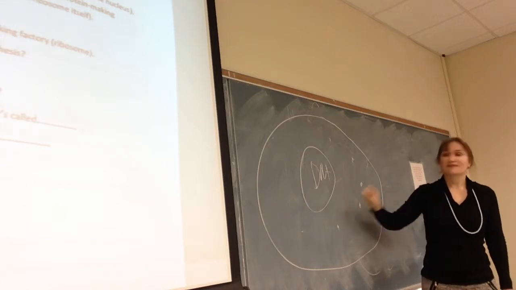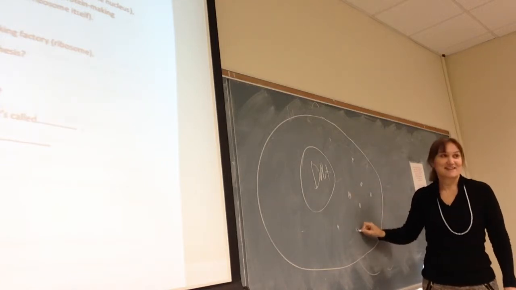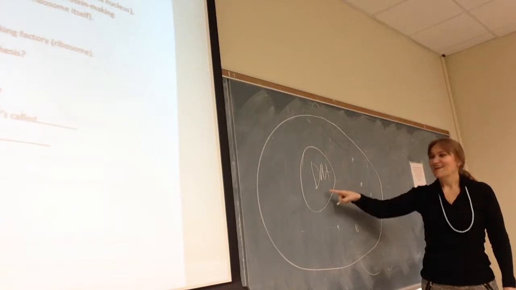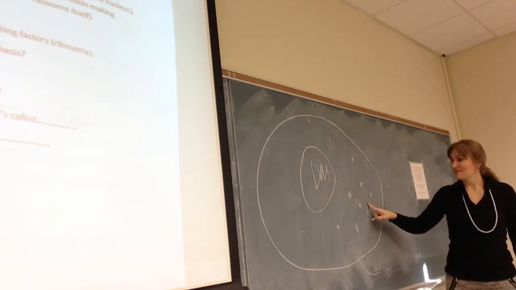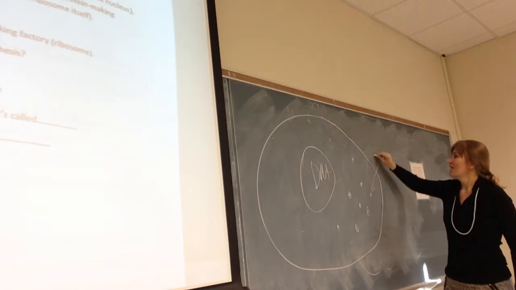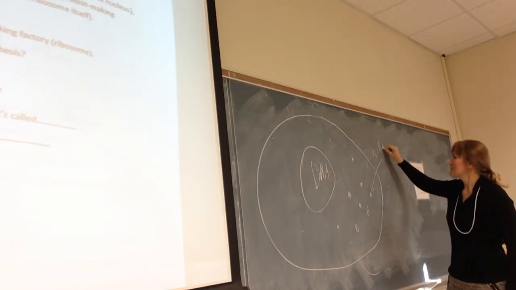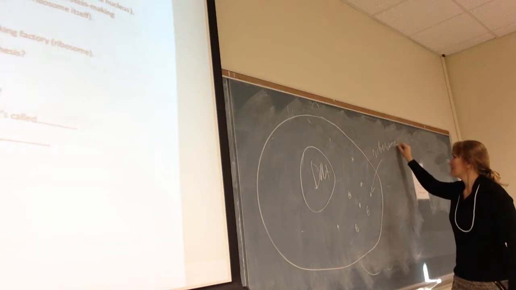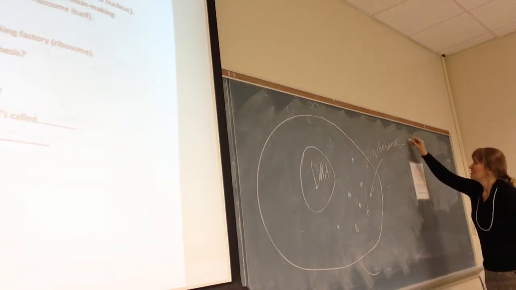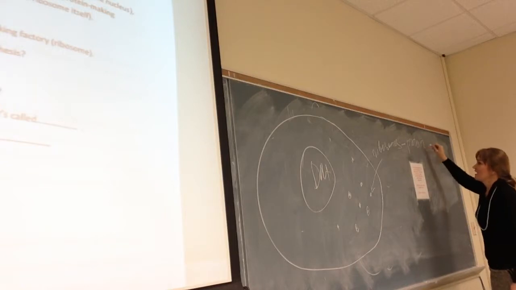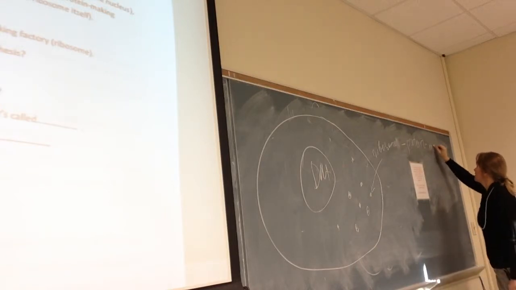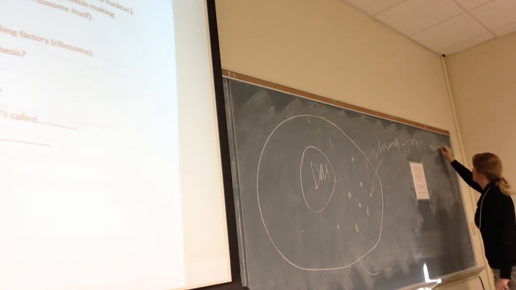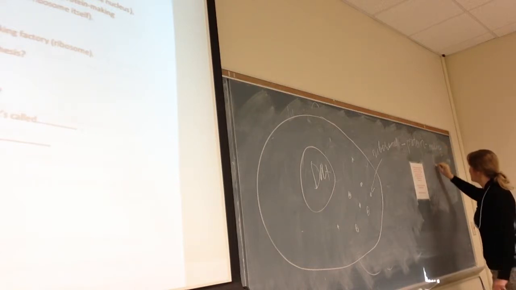So, somewhere else in the galaxy, far, far away, outside of the nucleus, there are little factories that are called ribosomes that make protein. So I'm writing here, ribosome is a protein making factory.